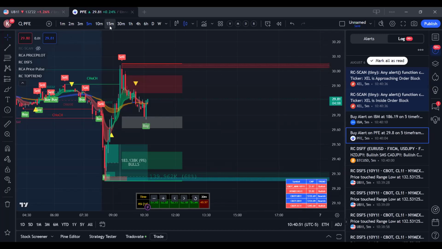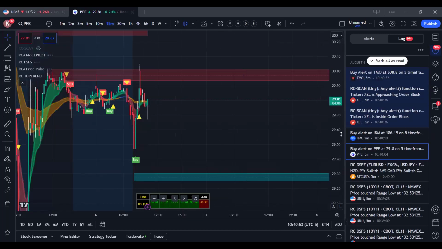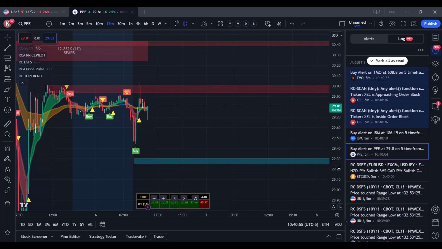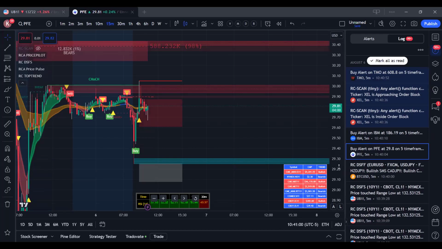Israel is looking good. Breaks this $30, it can go to 30.4.